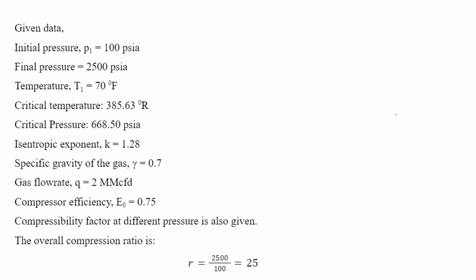number 8 to 10. So the data given to us in the question is the initial pressure P1 equal to 100 psi, final pressure 2500 psi, temperature 70 degrees Fahrenheit.